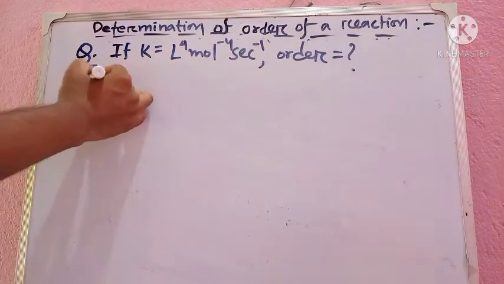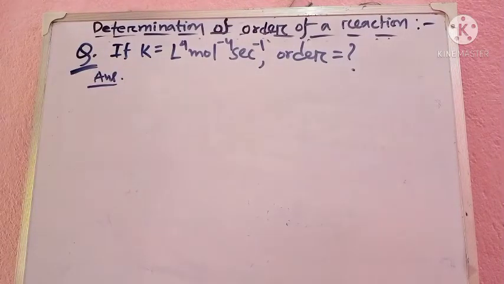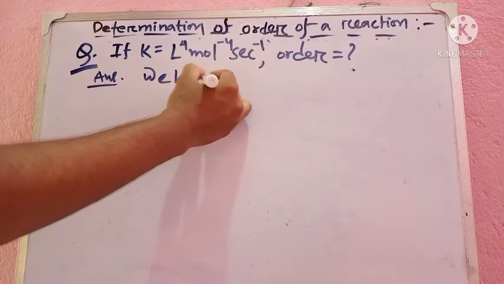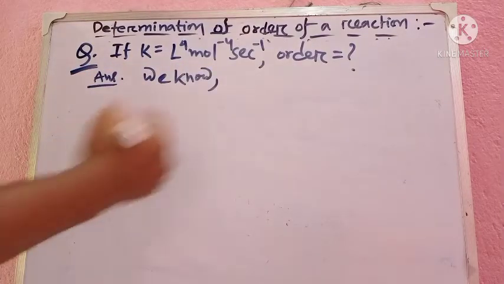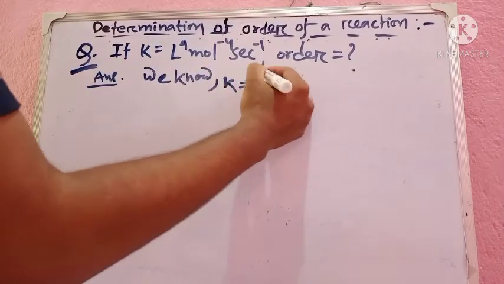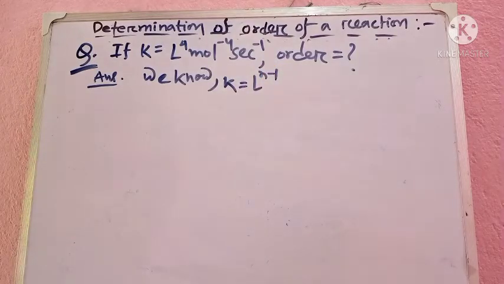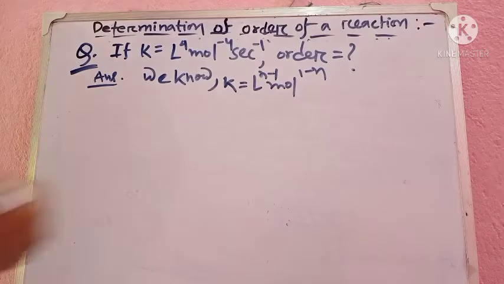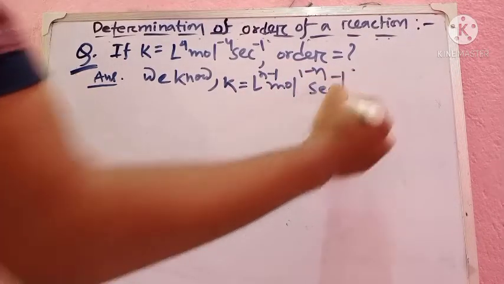Okay, let's see. We always remember the general formula, that is we know k equals L to the power n minus 1 into mole to the power 1 minus n into second inverse.